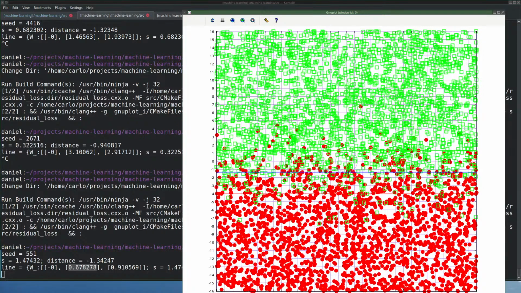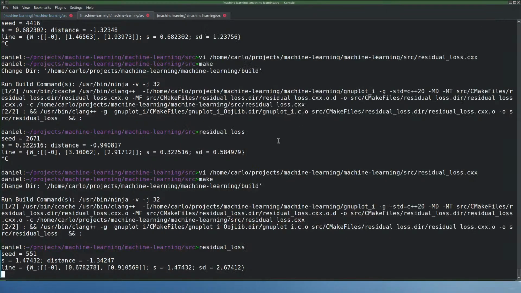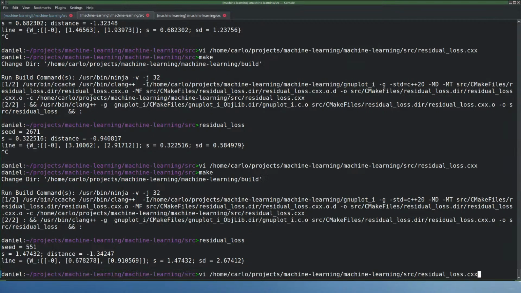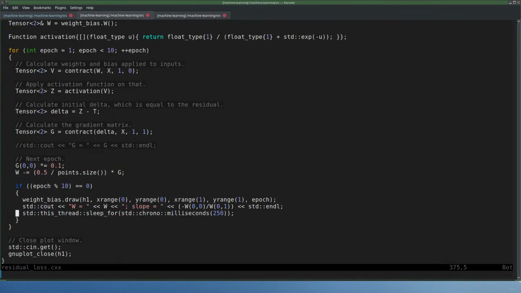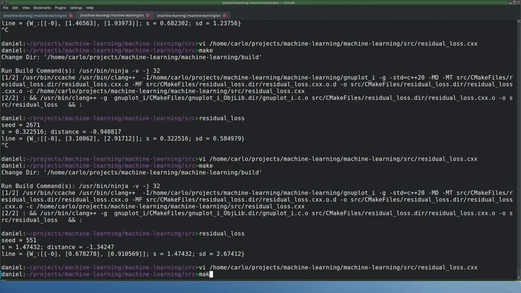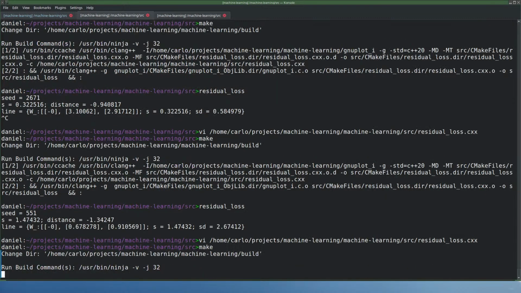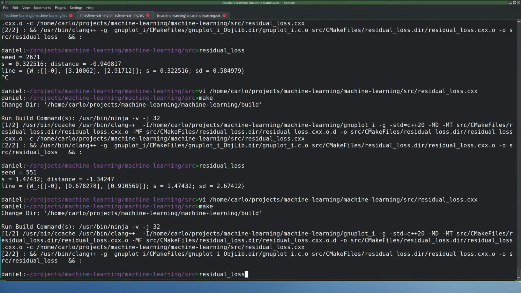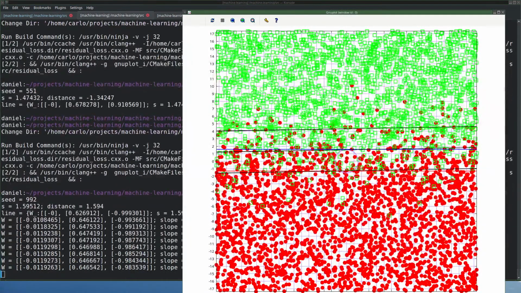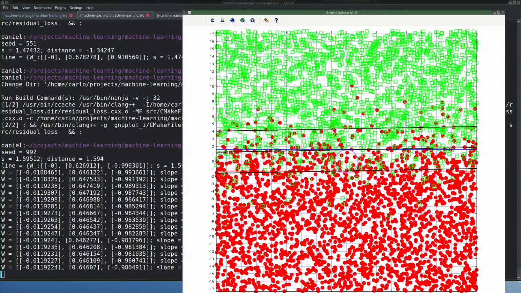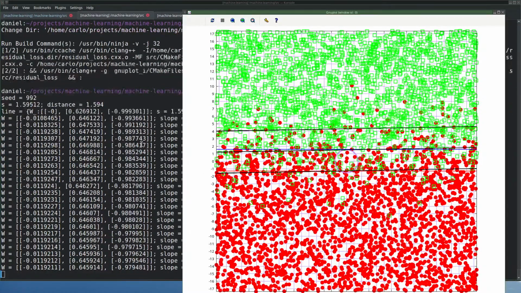And then I would say that if you do more epochs than 10, we'll see nothing happening, because now really it should be stable from the beginning, right? Yes, it's no longer changing sign.